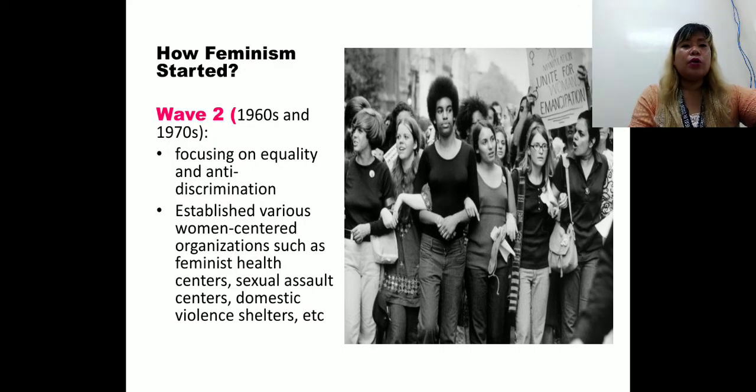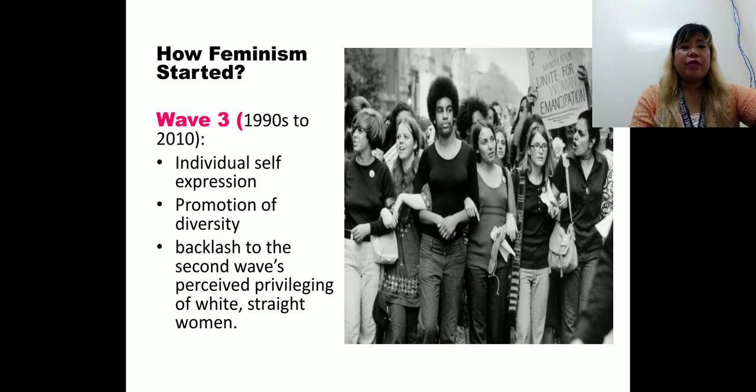Wave 2 started in the 1960s and 1970s. It focused on equality and anti-discrimination, and established various women-centered organizations such as feminist health centers, sexual assault centers, domestic violence shelters, etc. And this wave was pioneered by American white women who belonged to the middle class. Next is wave three.